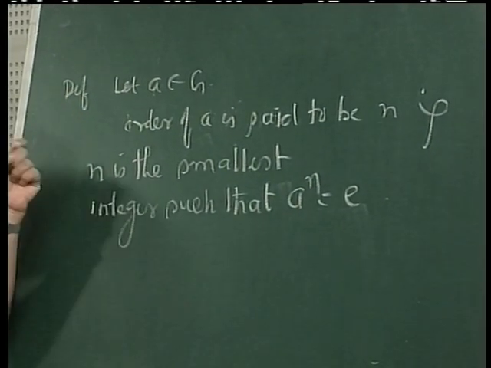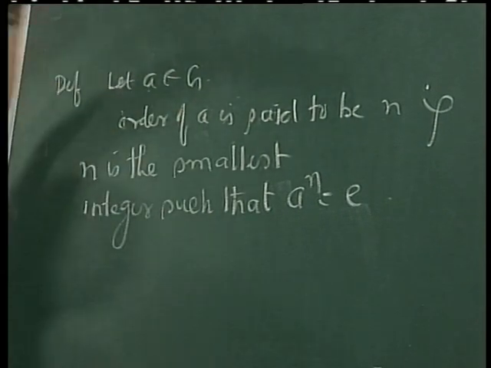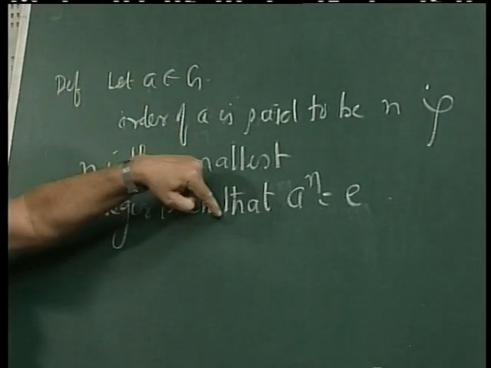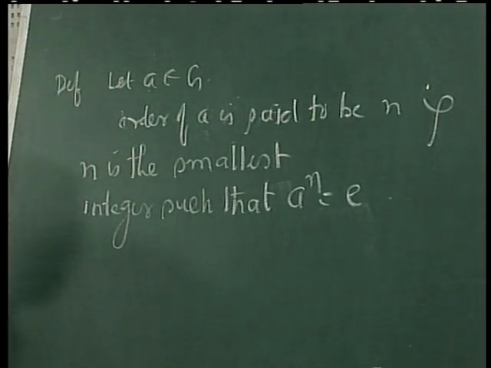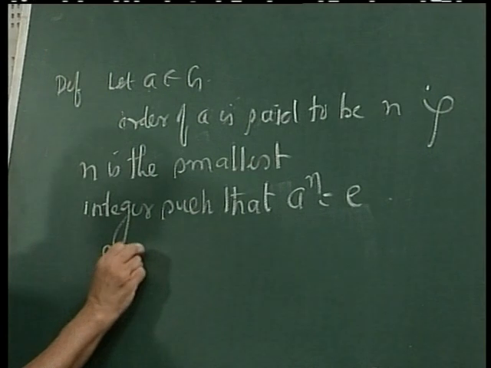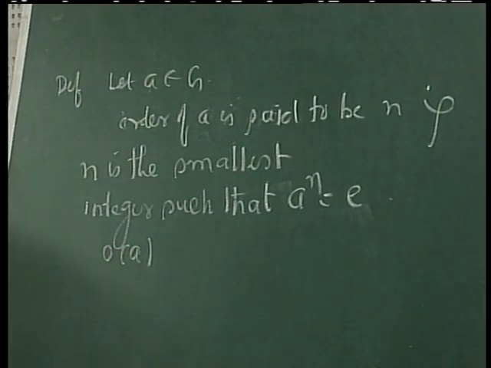If there is no such integer n, then we say that order of a is 0 or infinity. And the notation for this is O(a).